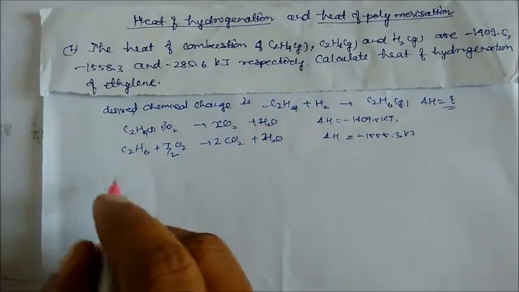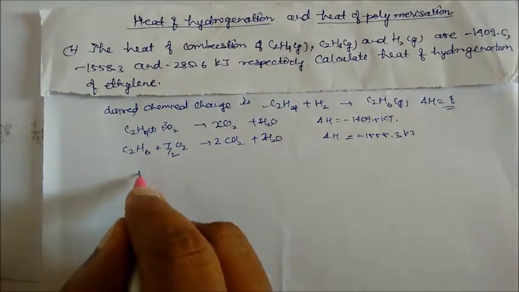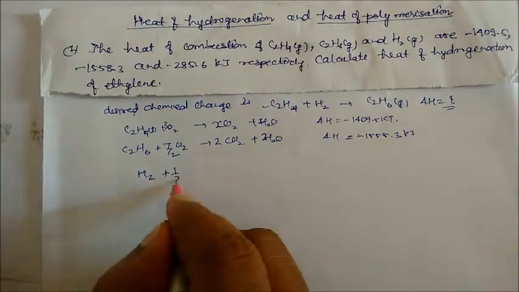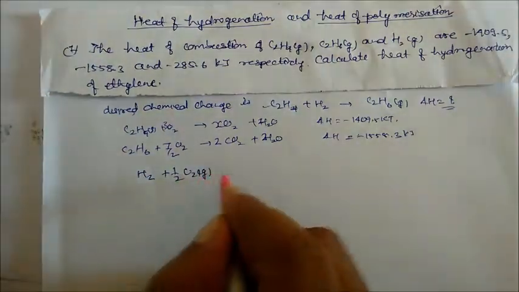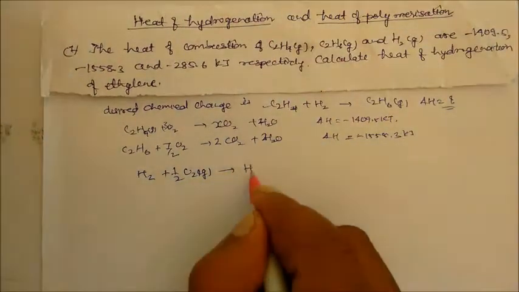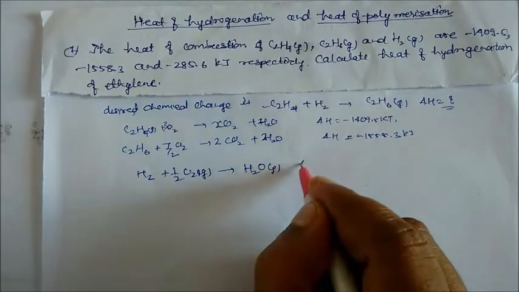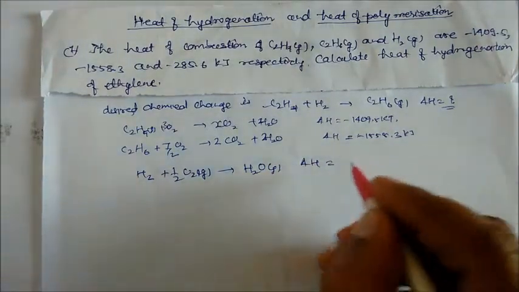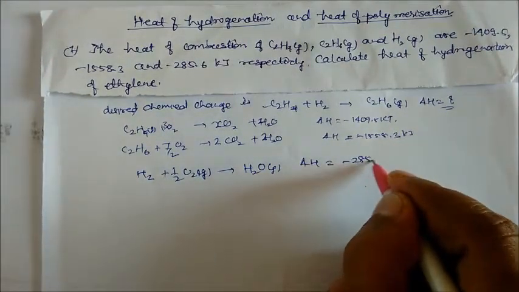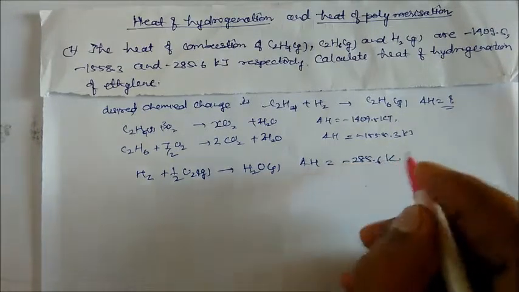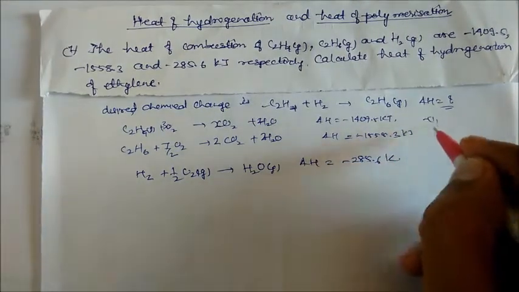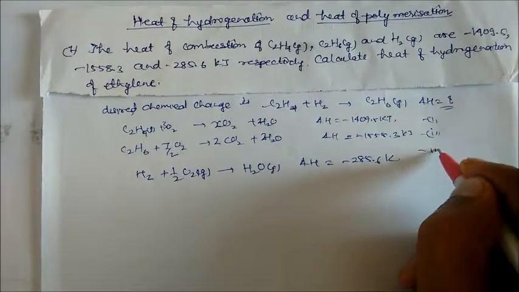Okay, next is hydrogen. Hydrogen, if you balance it with half O2, in gas it will give you H2O in gaseous form. Here delta H will again be minus 285.6 kilojoule. Okay, so this is our equation number 1, this is equation number 2, this is equation number 3.